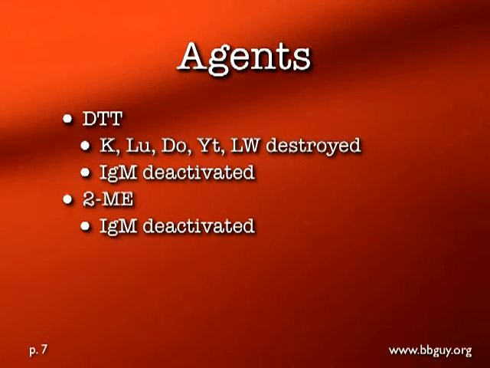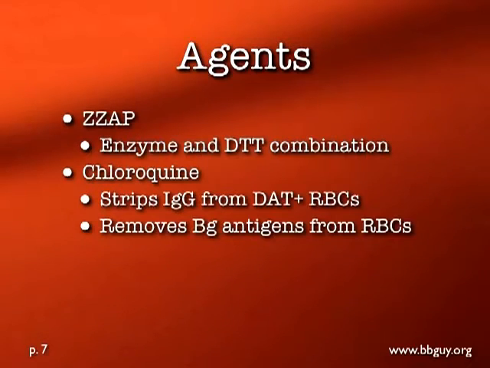In addition, because it's a sulfhydryl reagent, you can use it to deactivate IgM antibodies in serum or plasma samples. The reagent basically dissociates the bonds that make IgM a pentamer, and you end up with no activity of the IgM. The same thing for 2-mercaptoethanol, 2-ME, which does the same thing as DTT in terms of that IgM.